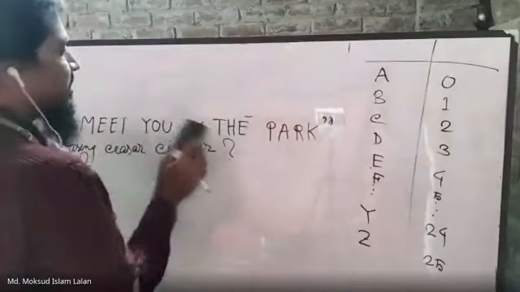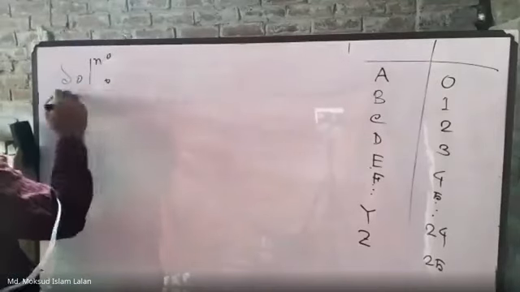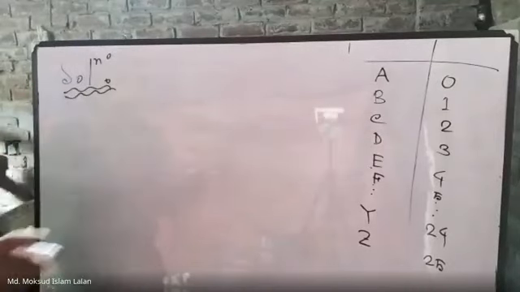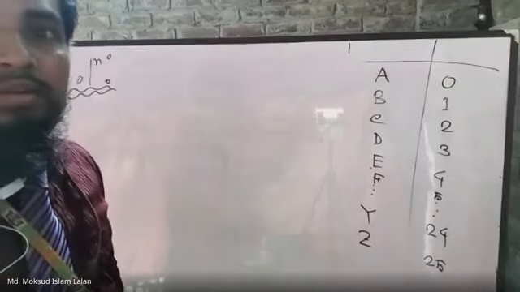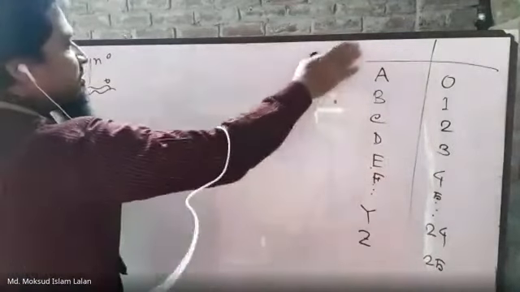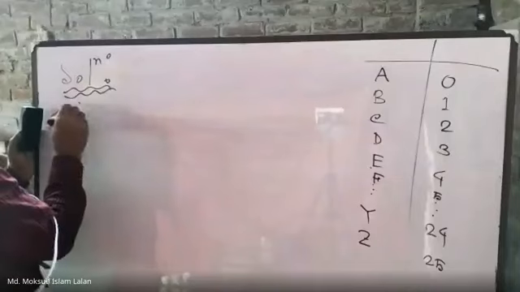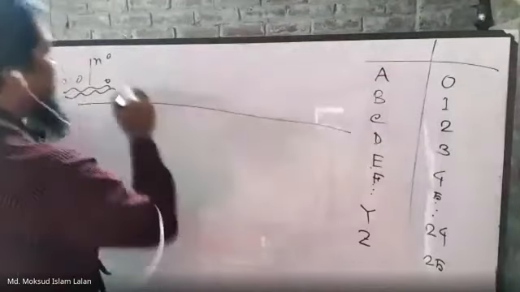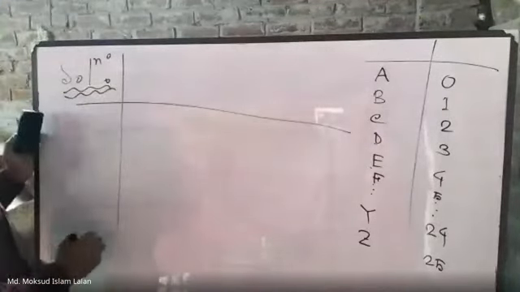Shall I meet you in the park? So solution starts. Oh, Mr. Sakibul Hakib, you are too late. First write down A, B, C, D, and then draw a table because there are many things here.